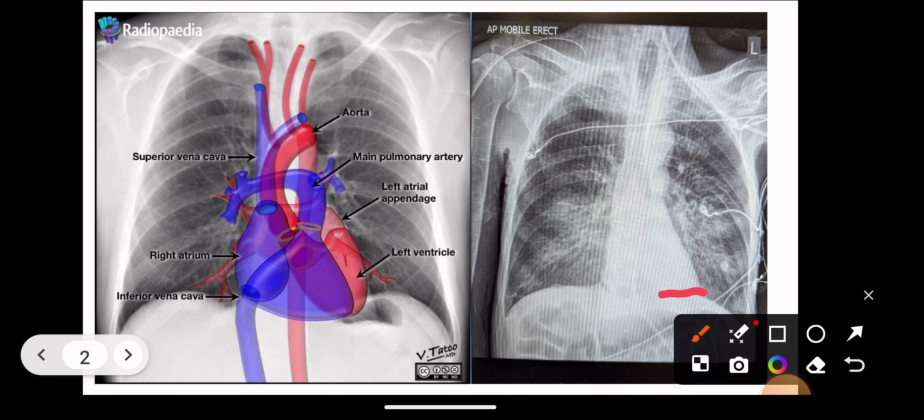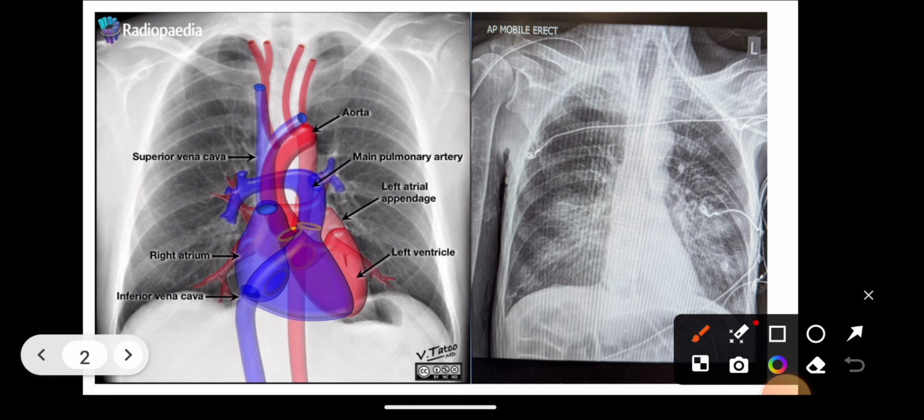So that line right there would be visible as black pixels, but we have a loss of the cardiophrenic angle on the left. Other than that, the hilum is here and here, and it does look a little bit like blood vessels radiating out. Now, in my experience, everyone in the ICU is fluid overloaded, so it's not much of a thing to say that somebody has pulmonary edema or fluid overload.